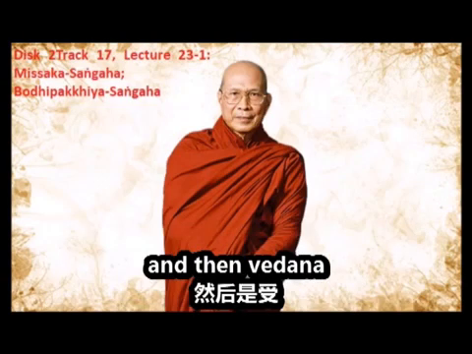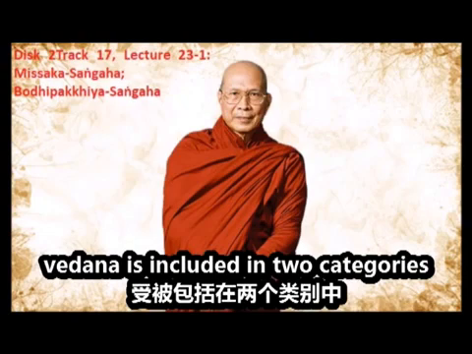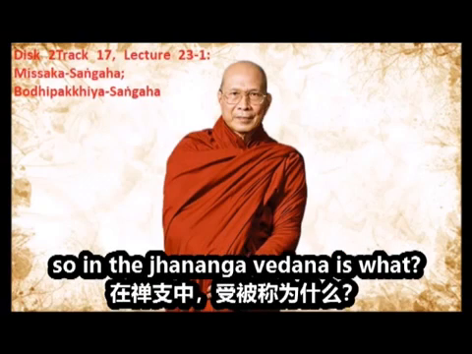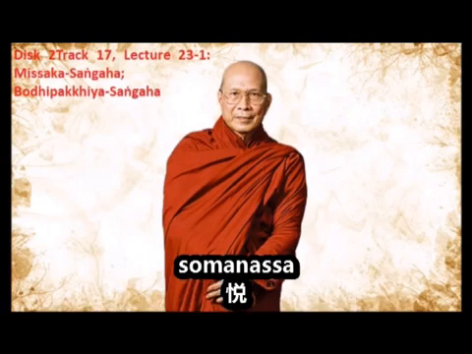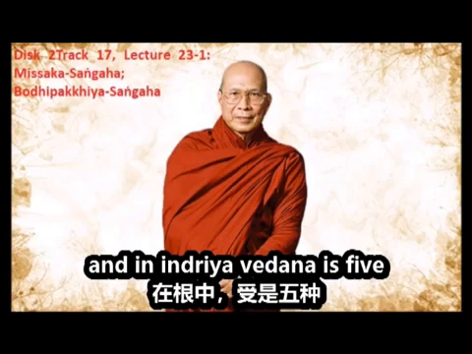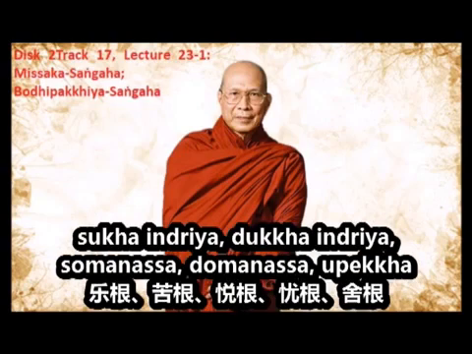And then Vedana. Vedana is included in 2 categories. First one is Jhananga. So in the Jhananga, Vedana is what? Somanassa, Domanassa, and Upekkha. And in Indriya, Vedana is 5: Sukhindriya, Dukkhindriya, Somanassindriya, Domanassindriya, Upekkhindriya.